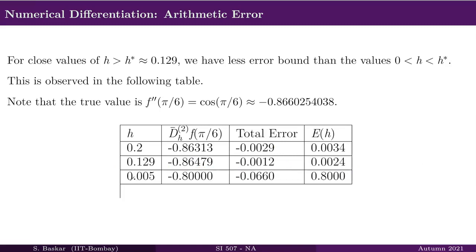I have gone to h equal to 0.005. And here I got the value from the central difference formula as minus 0.8. You can see from here to here, the total error has increased drastically. Well, this computation is done on a very recent computer with a 64-bit processor.